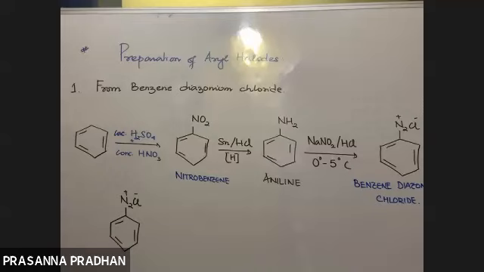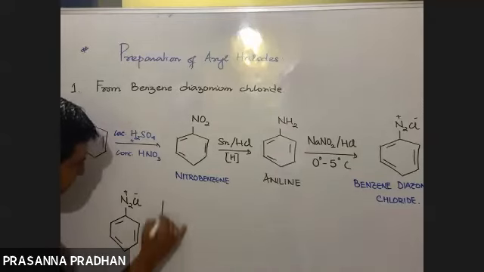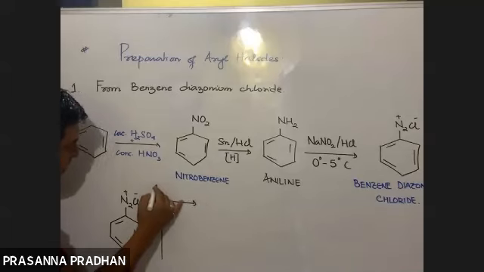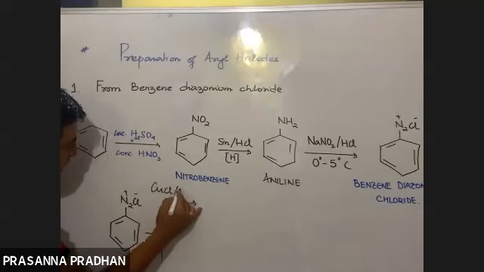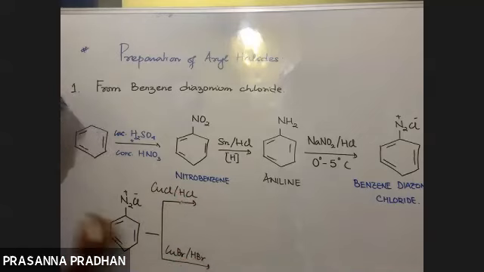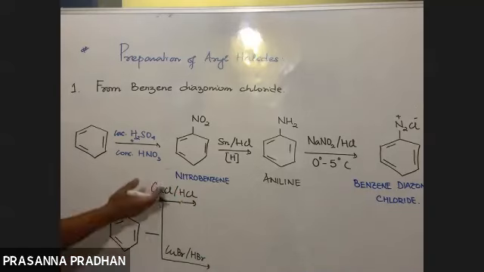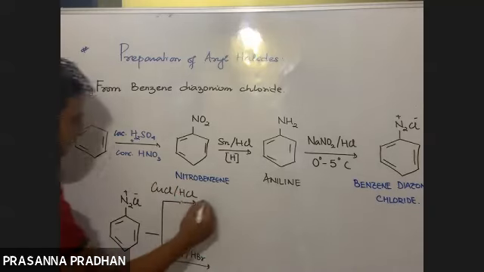So when benzene diazonium chloride is treated with cuprous chloride and HCl, or when it is treated with cuprous bromide and HBr, what will happen?